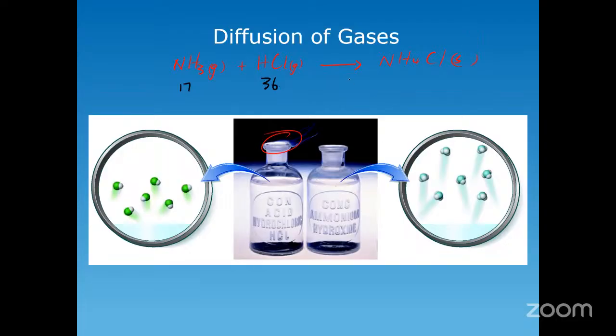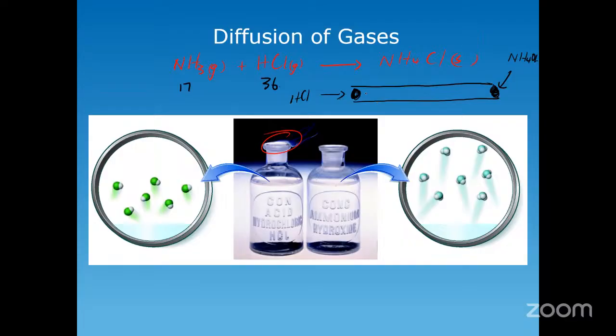I remember when I was in high school, my high school teacher did another experiment using these same two substances, but this time it was a tube. The tube was stuffed with cotton on both ends. One cotton would be soaked with ammonium hydroxide, the other cotton would be soaked with hydrochloric acid.